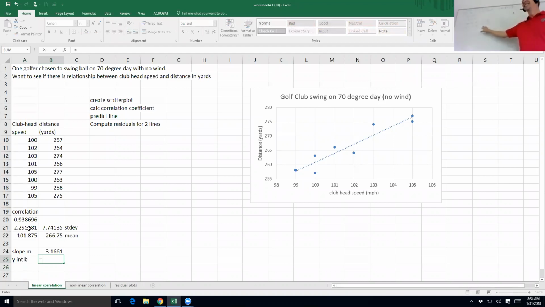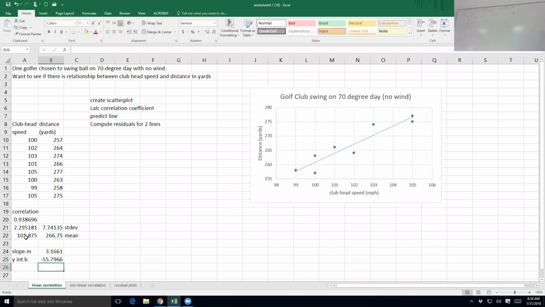Ashley, can you help me? What's y bar? And in this case, the y bar is 266 minus my slope, m, times 101. Perfect.